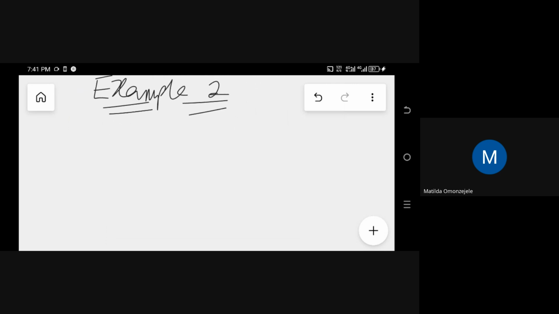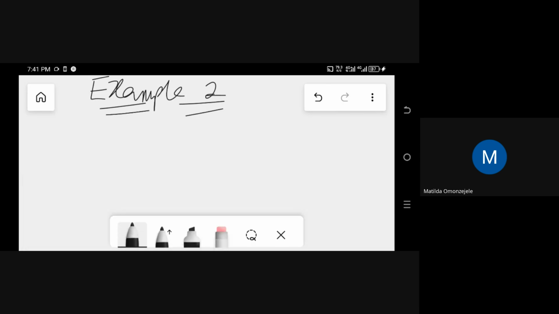Let's call this example 2. Let's say we have the matrix P, for instance.